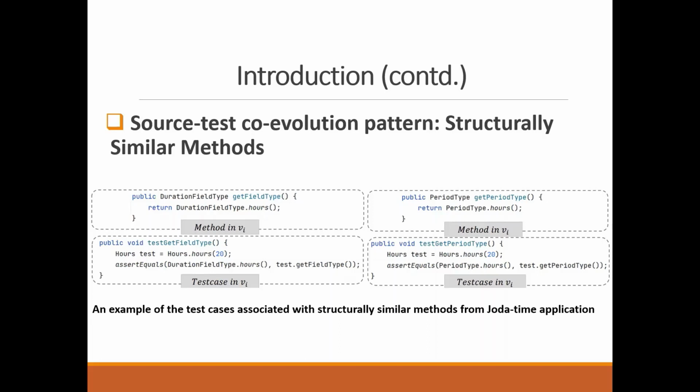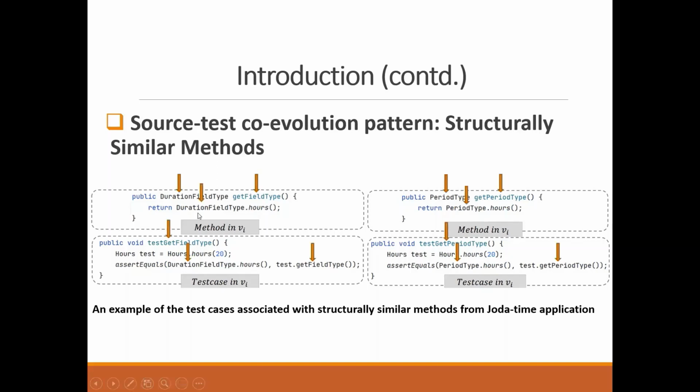What we observed was that structurally similar methods inside the same class hierarchy are more likely to have structurally similar test cases. So when I say structurally similar methods, what does it mean? We can see these two methods look alike. And if we generate some tree-level hierarchy like an abstract syntax tree or XML, their tree structure will be the same, but they will only vary at the value level.